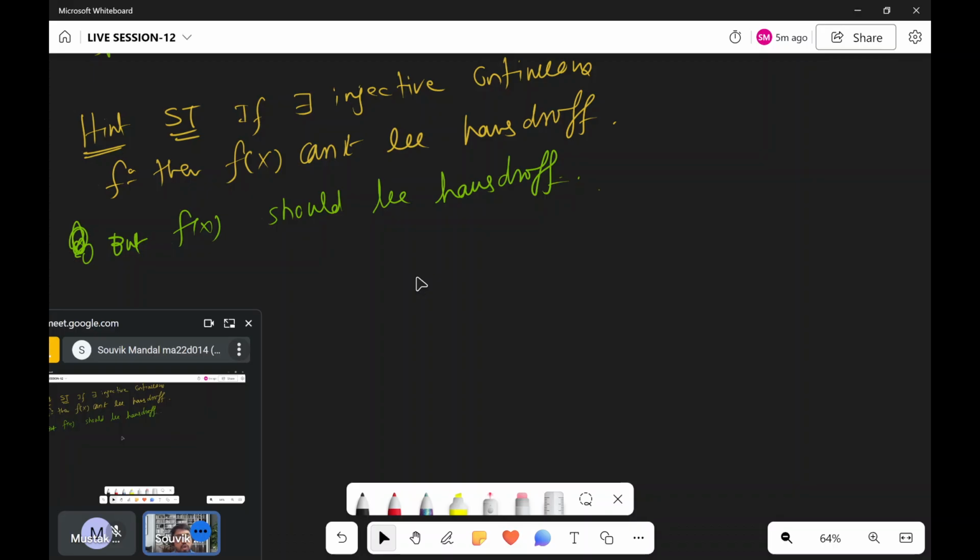So you somehow now need to prove that f(X) cannot be Hausdorff. Think about it and let me know how to show this. Of course, for this you need to use the injectivity of f. So try to figure it out.